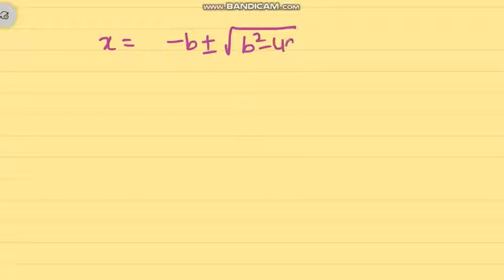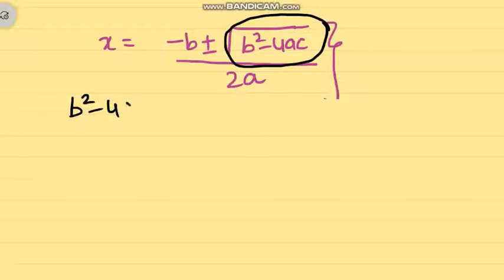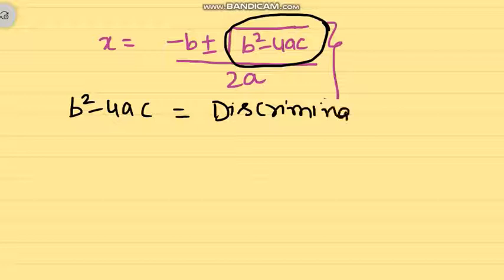Let's solve a few questions using this quadratic formula. Before solving the questions, children, you should know that x is equal to minus b plus or minus root b square minus 4ac by 2a can give you some more very important information. b square minus 4ac is known as the discriminant of the quadratic equation.